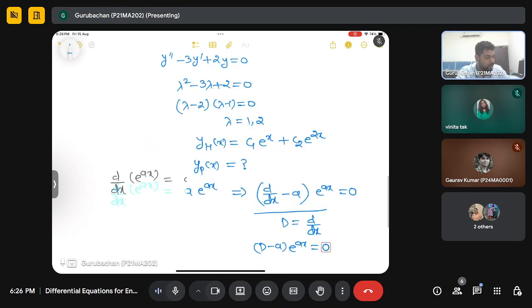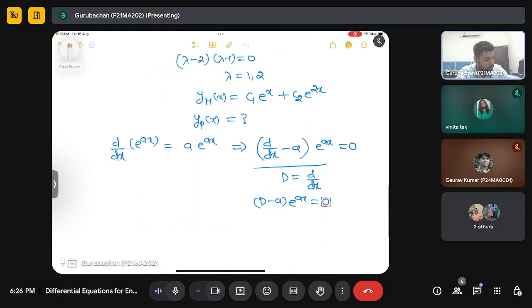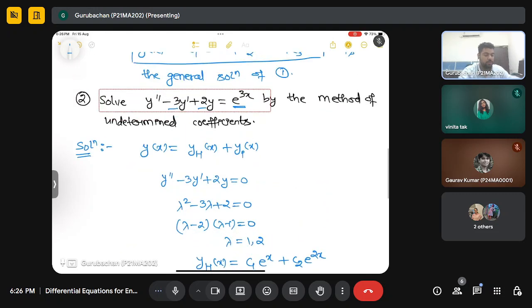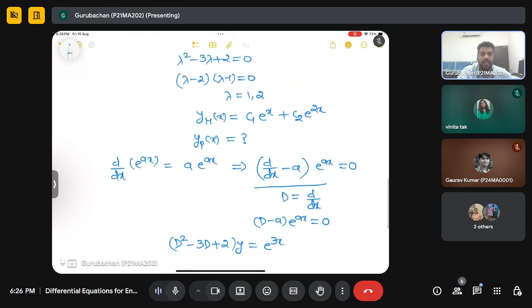So if we write our equation in the same D form, it becomes (D squared minus 3D plus 2) applied on y is equal to e to the power 3x.